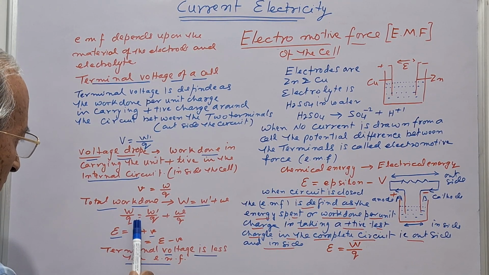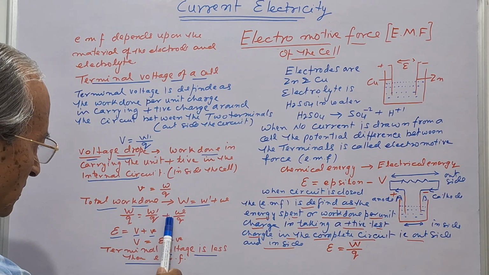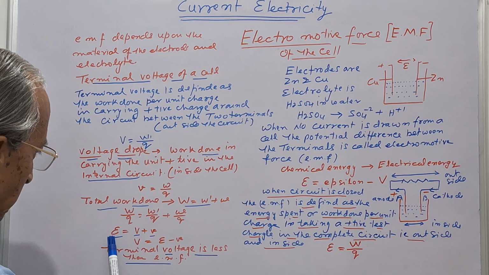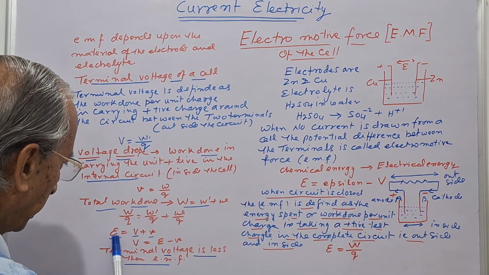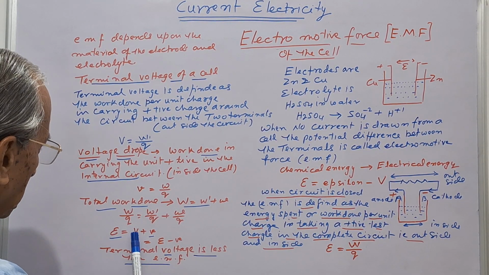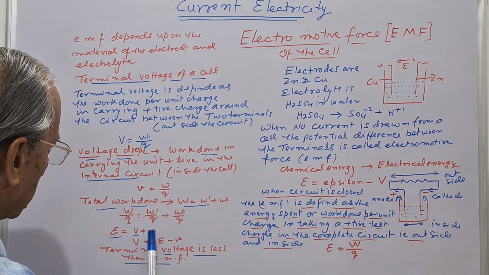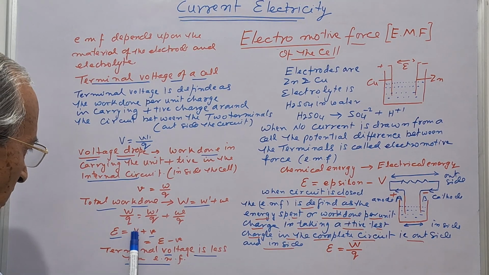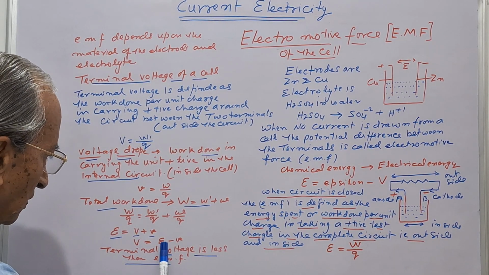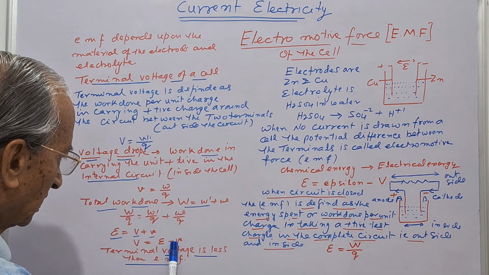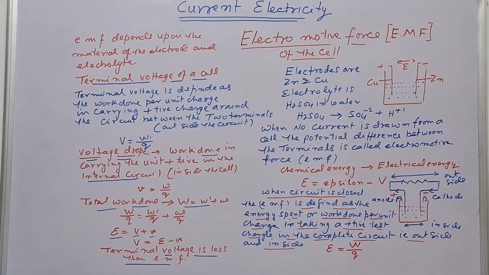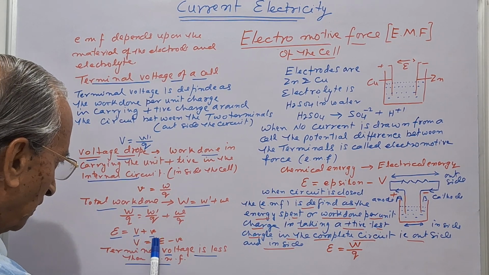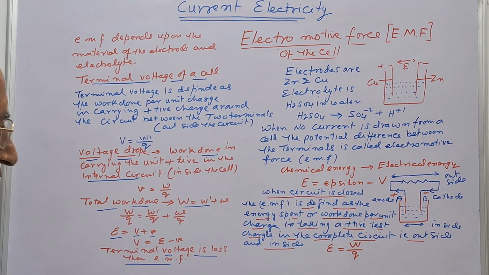So W upon Q is equal to W1 upon Q plus small w upon Q. Or we say that EMF is equal to terminal voltage plus voltage drop. So the terminal voltage V is equal to EMF minus small v, the voltage drop. The point is that the terminal voltage is always less than the EMF.